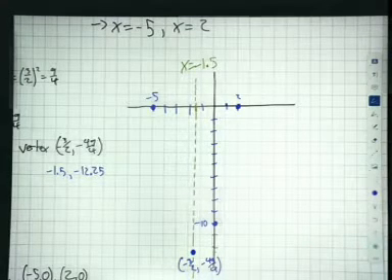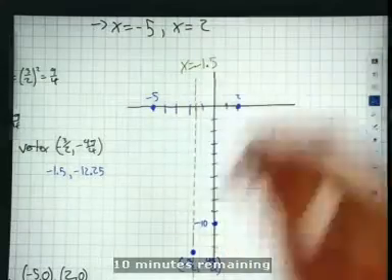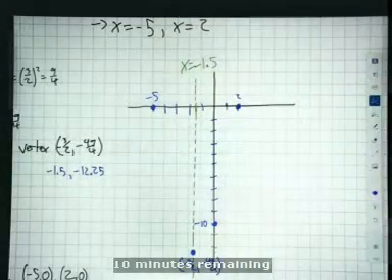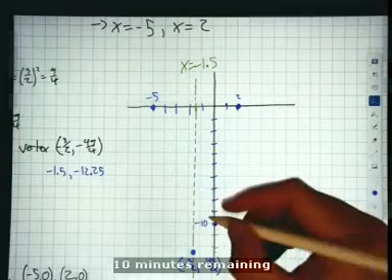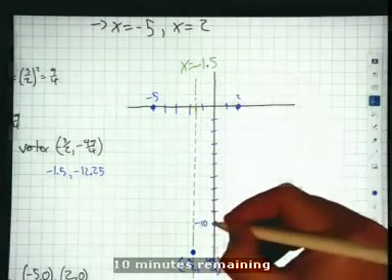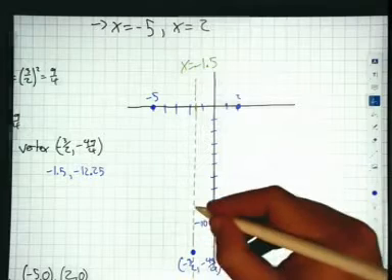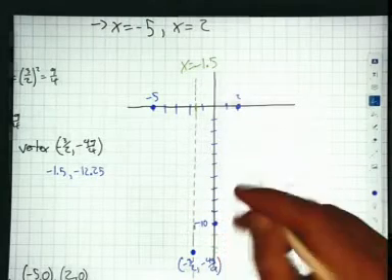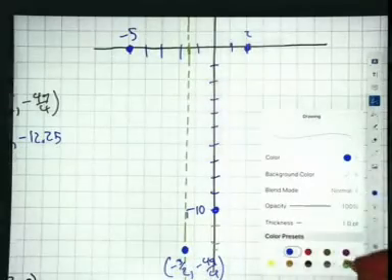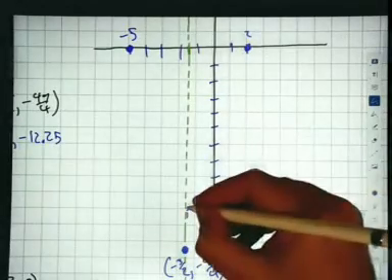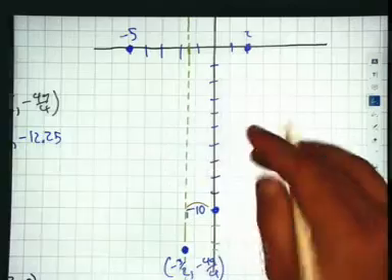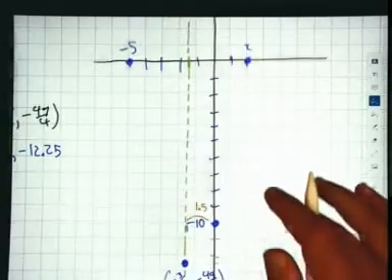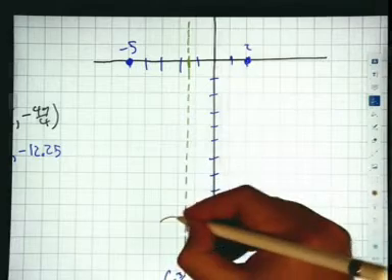Now, before I go through and try to connect all my dots, I'm going to do one other thing. I'm going to get a fifth point. And that fifth point is found by using symmetry, using our vertical axis of symmetry and this y-intercept. Since this y-intercept is, what do we say, 1.5 units away, we're going to go 1.5 units over this way.